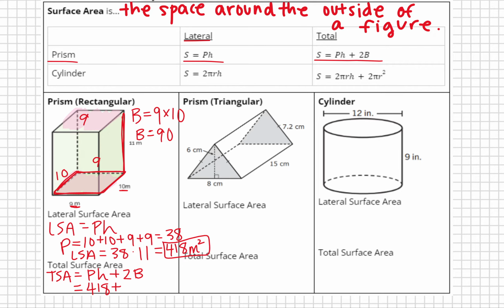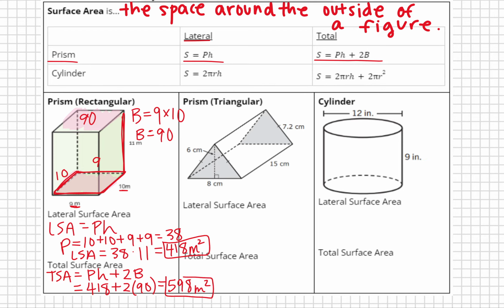And we have two bases, so I'm going to do 418 plus 2 times 90. Calculate this out. 418 plus 2 times 90. 598 meters squared is the total surface area.